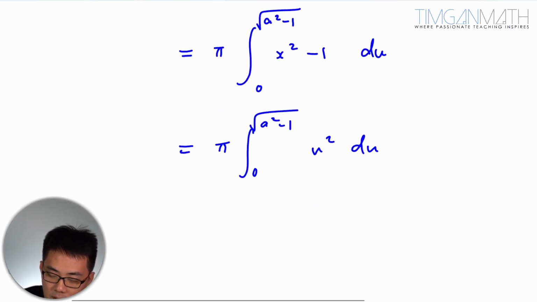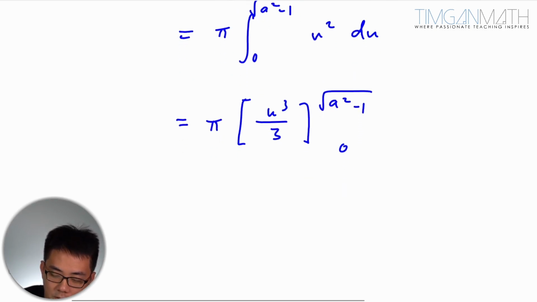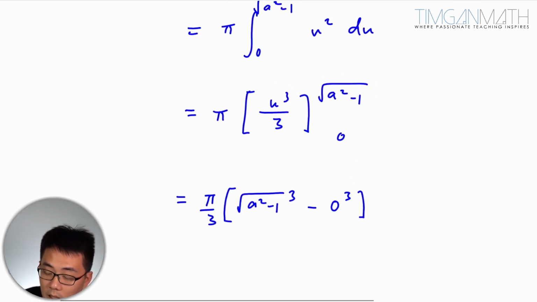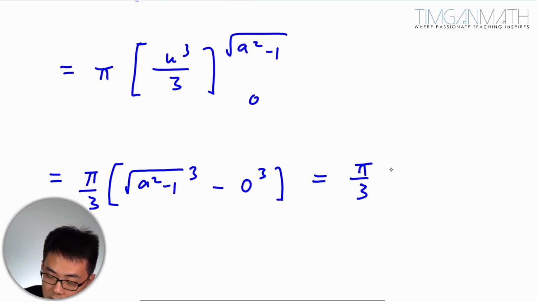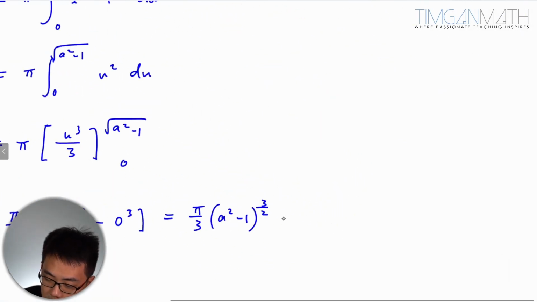This case here will just be pi times u cubed over 3, from 0 to the square root of a squared minus 1. That will be pi over 3 times a squared minus 1 to the power 3 over 2, minus 0 cubed. We will get the answer as pi over 3 times a squared minus 1 to the power 3 over 2 cubic units.